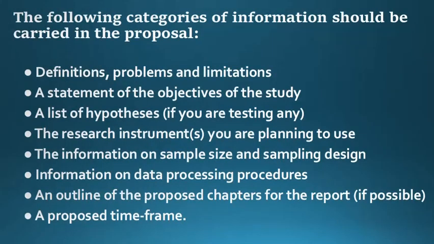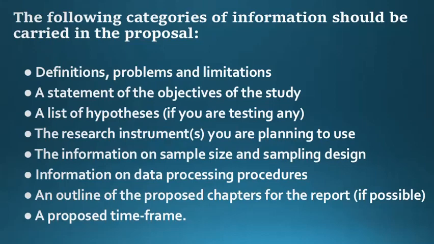Now the following categories of information should be carried in the proposal. What all should be mentioned in the research proposal or project proposal? The definitions, problems, and limitations must be mentioned. A statement of the objectives of the study should be there. A list of hypotheses, if you're testing any, should be there.